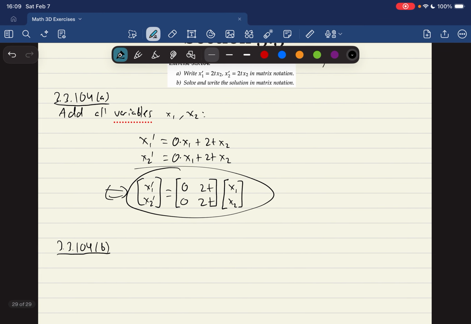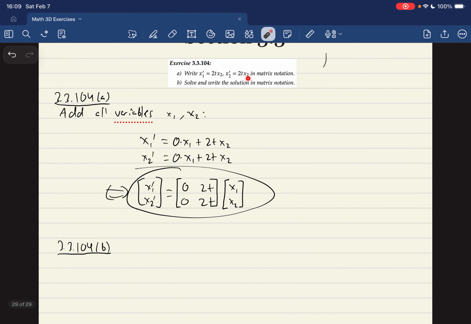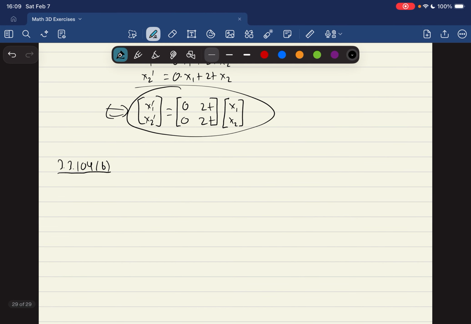So first notice that x2 prime equals 2tx2 is just the first order ODE for x2. It's a linear first order ODE, in fact. So this only depends on x2, not on the other function.